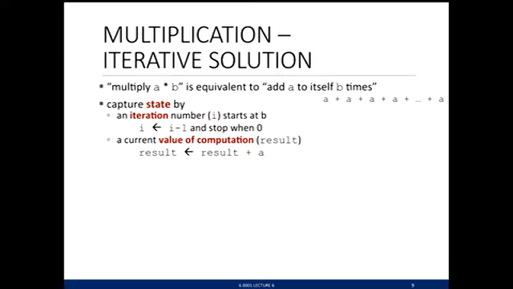One would just be the iteration number, and it would be something, for example, that starts at b, and each time through the loop reduces by 1, and it will keep doing that until I've counted down b times, and I get down to 0. And at the same time, I would have some value of the computation. I might call it result, which starts at 0, first time through adds in a, next time through adds in a, and it just keeps track of how many things I've added up until I get done.